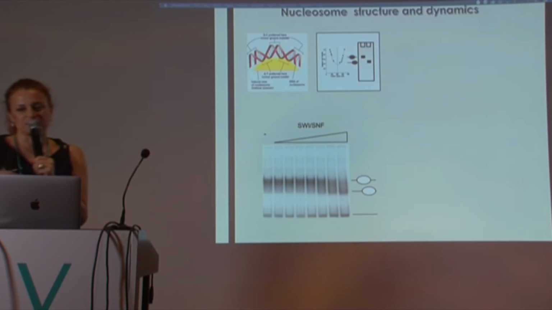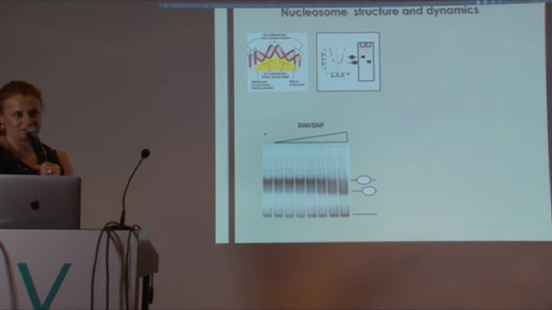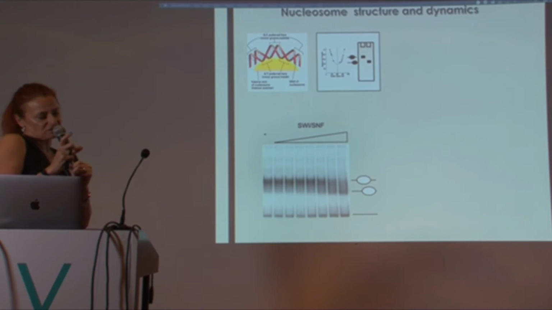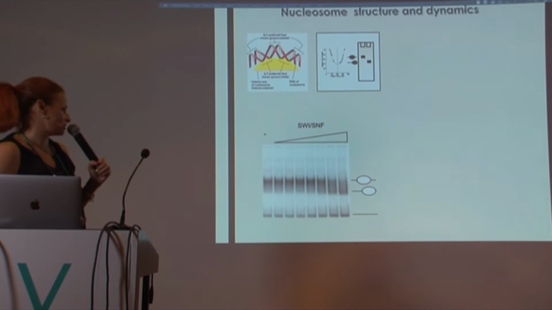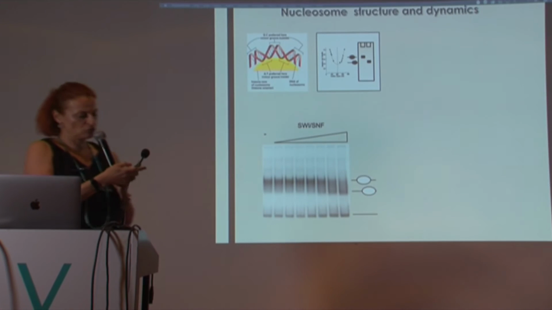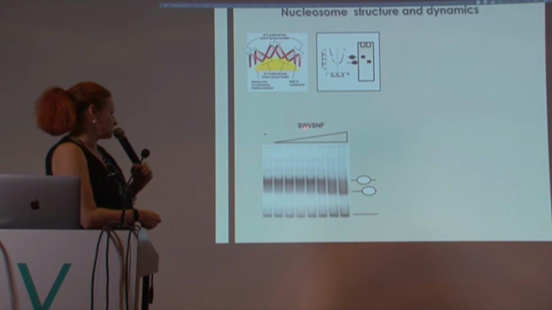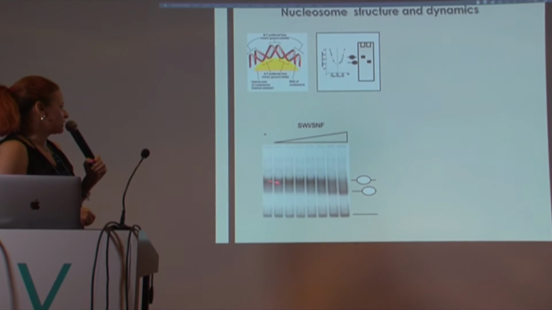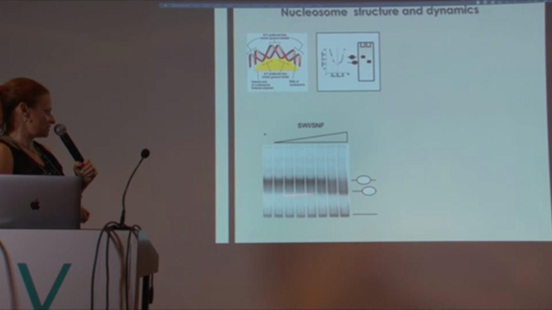These are special DNA fragments in which there is a specific sequence which creates a curvature which favors nucleosomal formation. And as you know, in the presence of remodelers like SWI/SNF, you could push the nucleosomal octamer from center, as it's shown in this case, to the end.